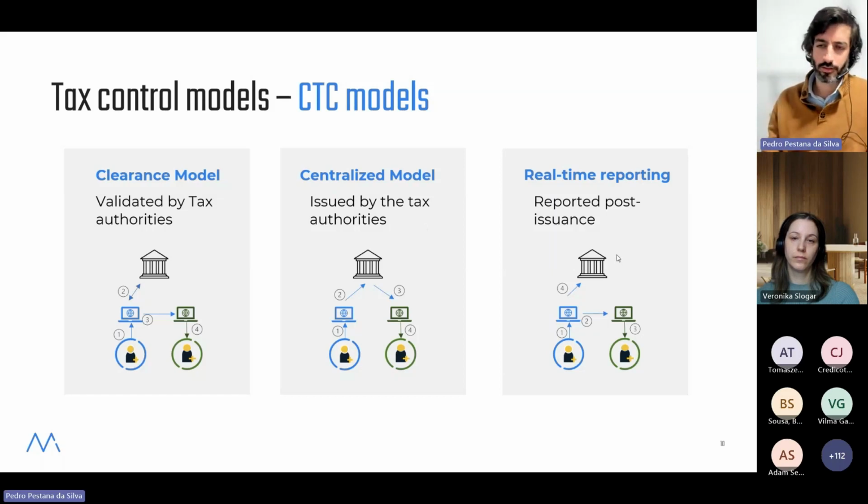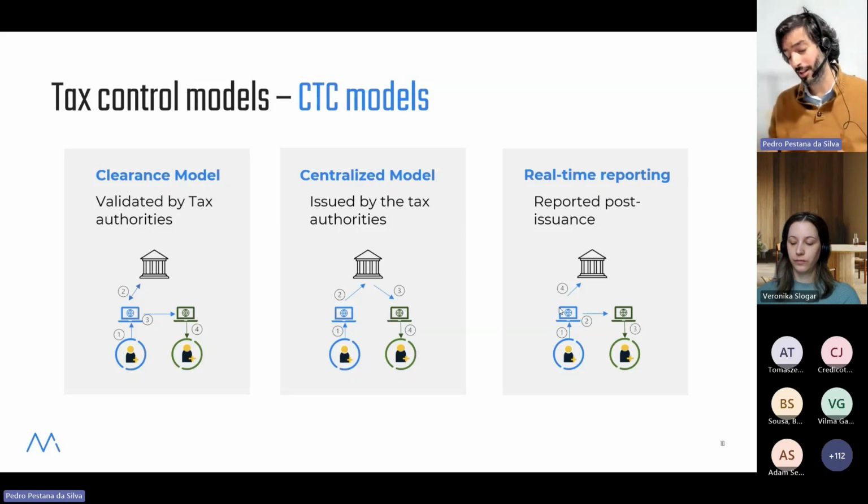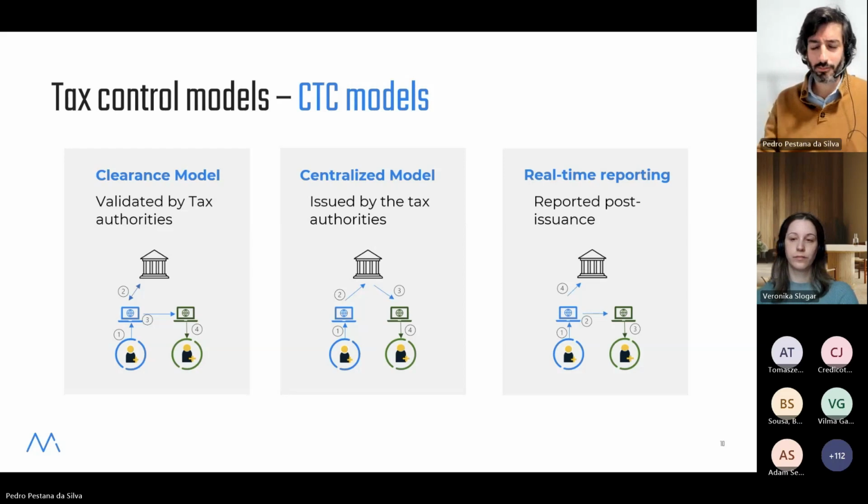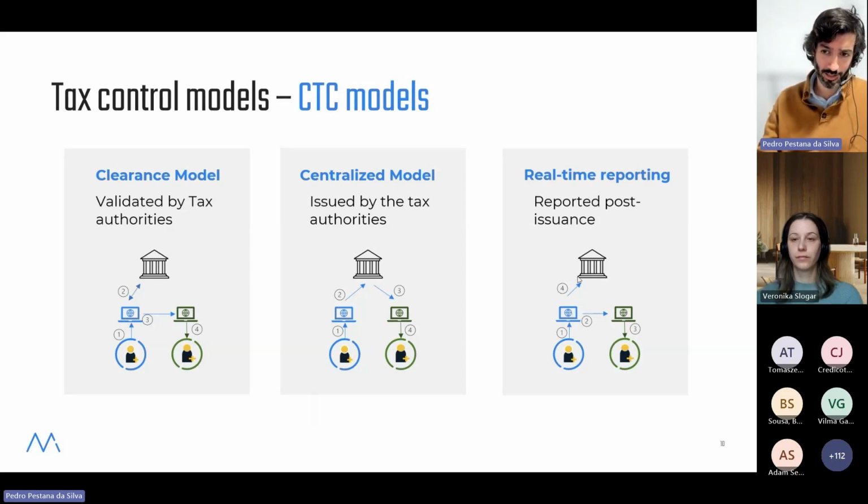In the third model, however, you will send the data, issue the invoice to your customer, to your customer software, and then your customer will download it. And only then, maybe in 4 days, maybe in 2 days, the invoice will be reported to the tax authorities in real time. Well, in real time, depending on what you call real time, 3 to 4 days.